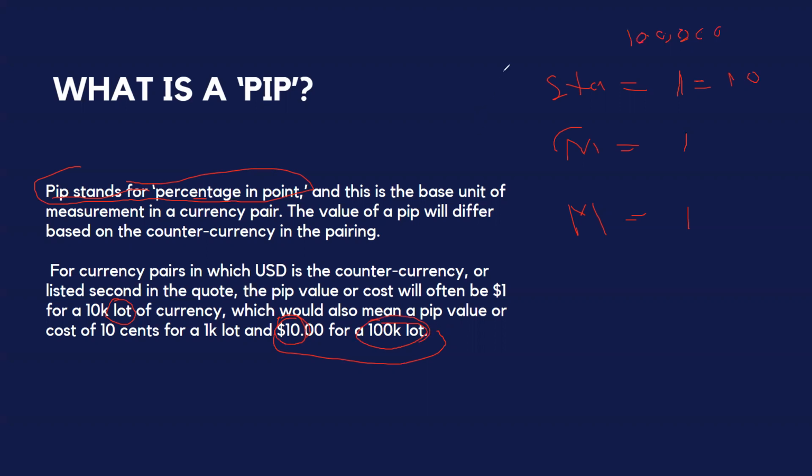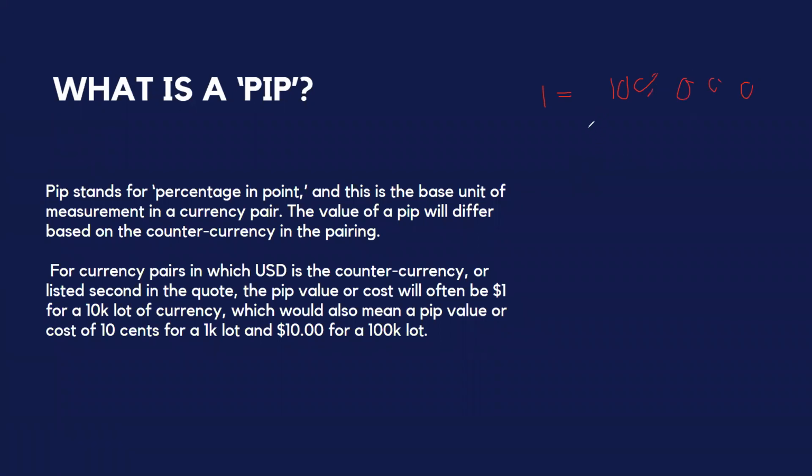Okay, let me repeat that one. One standard lot size in units is 100,000 units of currency, and in dollars is equal to $10. So if you open a trade and use 1.00 and the market moves against your direction 5 pips, you are in the negative of $50.